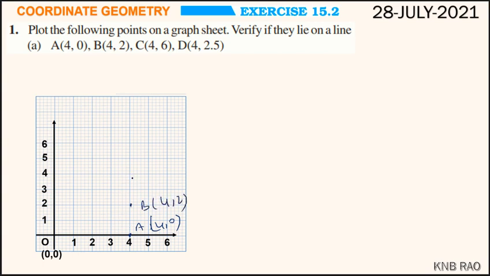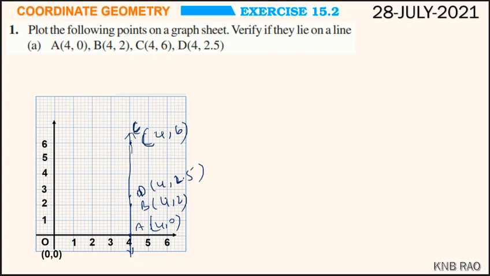C (4, 6). (4, 6) is here. This is C (4, 6). D (4, 2.5). 2.5 comes somewhere here. Now, if I draw a line passing through them, I say definitely this line is passing through them.